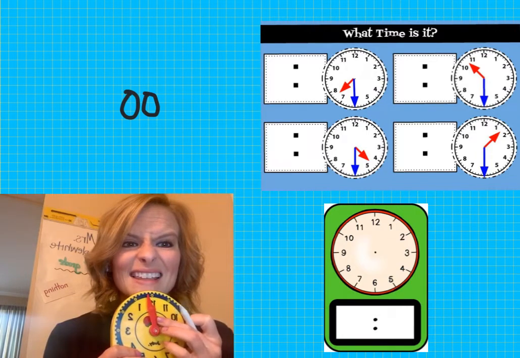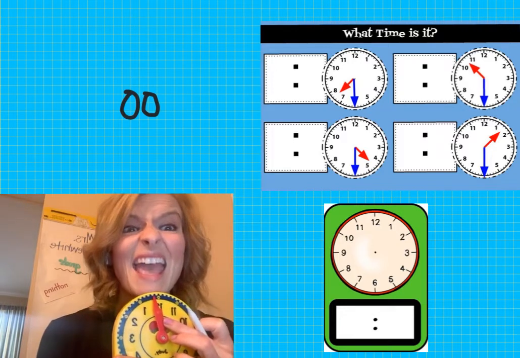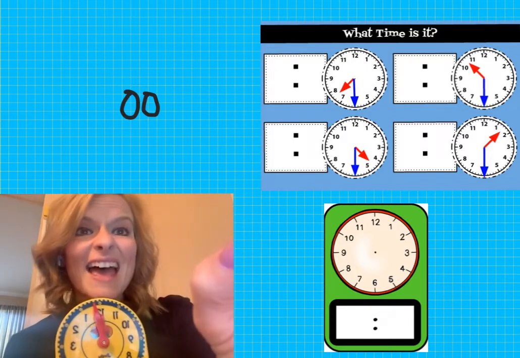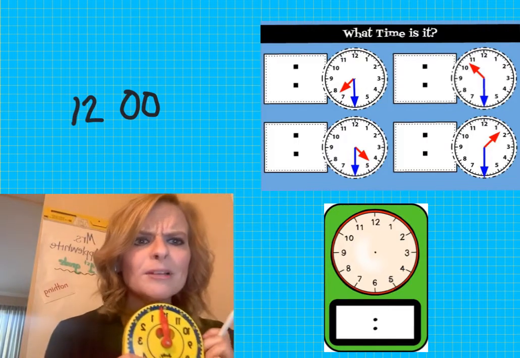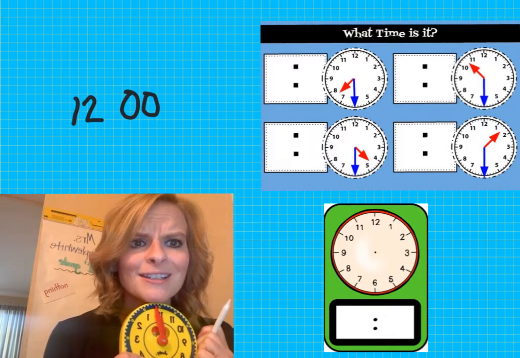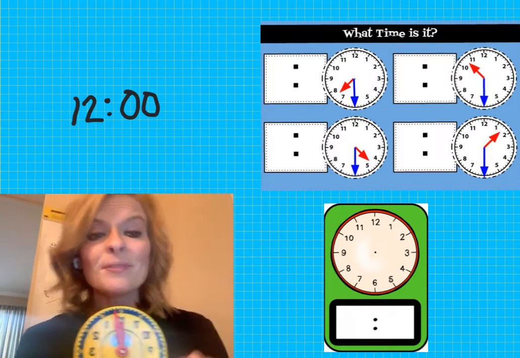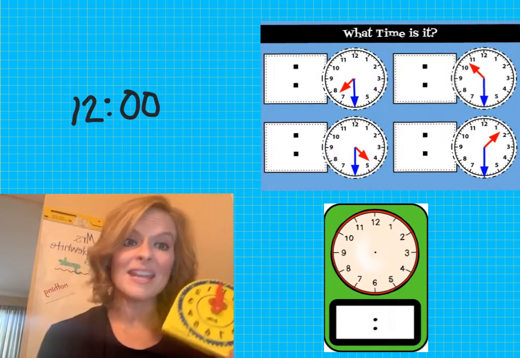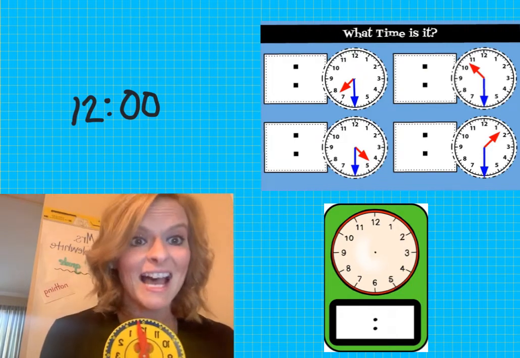You can barely see that little short hand. But that little short hand tells us the hour. Yes, it's 12 o'clock. Great job. What do I put between my two numbers? Yes, the dots. Excellent. That separates the hours and the minutes in our digital time. Great job telling time to the hour.